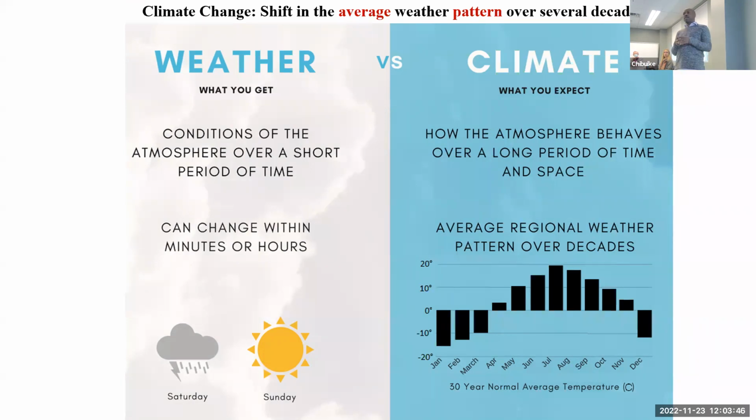When I say, from lived memory, the weather is changing, you are considering just the short term. But climate is of a longer duration in time. If we say that climate change has occurred, you have to be sure that you have collected data for a very long period of time.